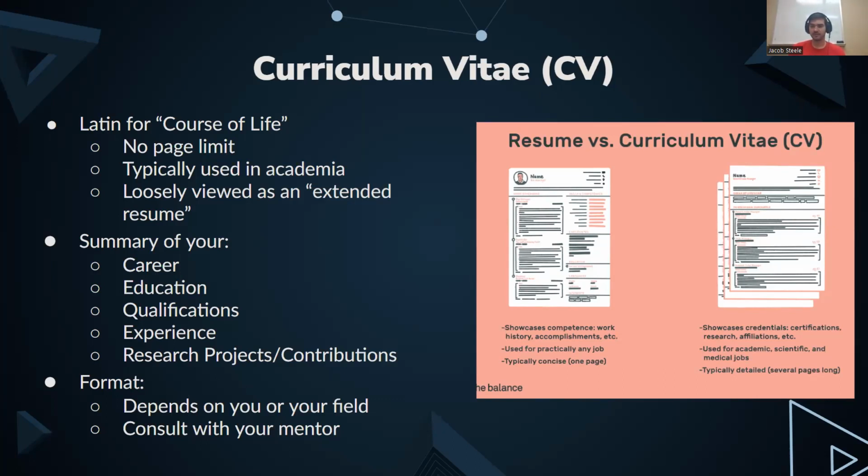I have a friend who is an ecologist, and his CV formatting is different than mine. Again, I'm a biochemist. I'm not sure about Alejandro's. I think we probably have pretty similar structures, but it is going to be very dependent on the field as well. And you should definitely consult with your mentor, either the mentor in the program, since they're typically in the same field as you, or even a professor that you know very well in your field.